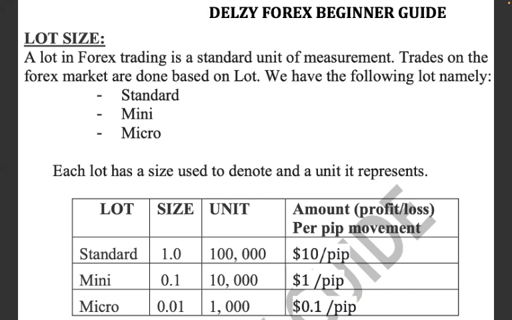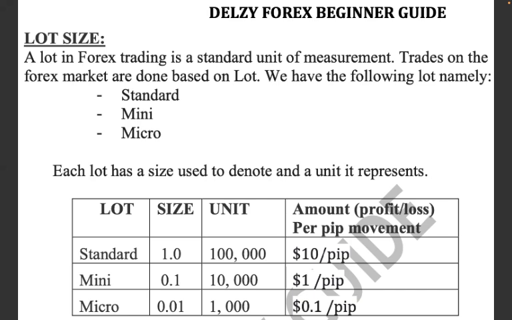Since we've understood that pips is the movement of the markets, if you had chosen one standard lot and the market made 1 pip, you're going to make $10. So let's assume, for example, you choose 5 standard lots. Remember, for 1 standard lot, for every 1 pip movement, you're going to be making $10. So if you choose 5 standard lots in a trade, 5 times 10 is 50. So for every 1 pip movement, you're going to be making $50.